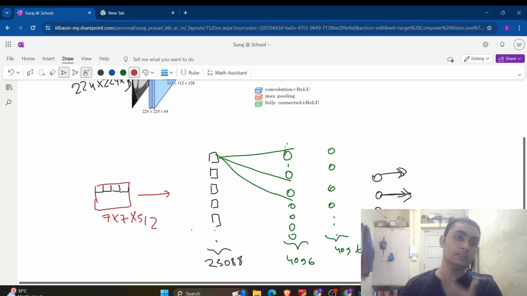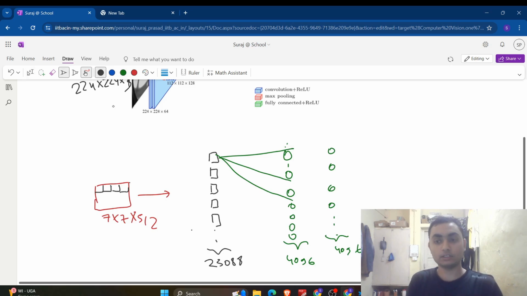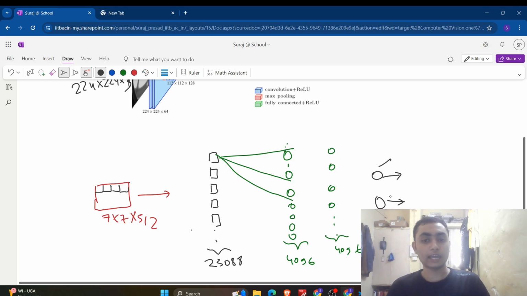This output layer is customizable. Suppose I'm working on a binary classification task, where I have to classify an image as cat or dog. Then in the output layer we put only two nodes that tell me the probability of this image belonging to cat and dog.